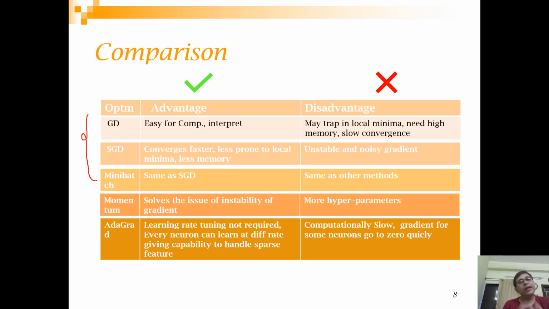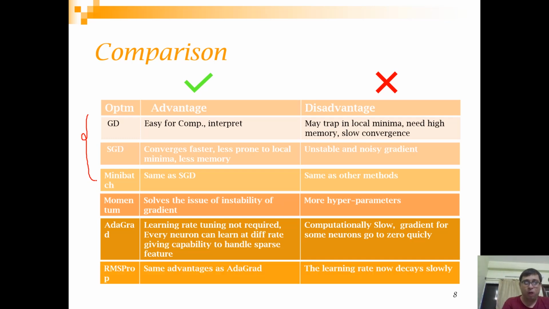Again it is computationally slow, and the gradient for some neurons can go to 0 quickly. To solve this particular problem, we came up with RMS prop. It has the same advantages as AdaGrad, but now the learning rate doesn't decay that quickly; it decays the learning rate slowly.